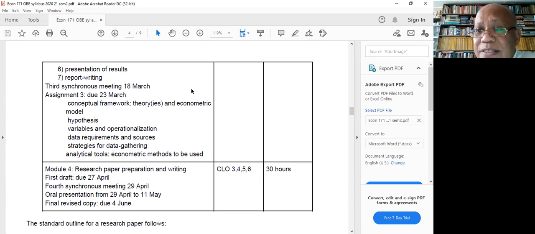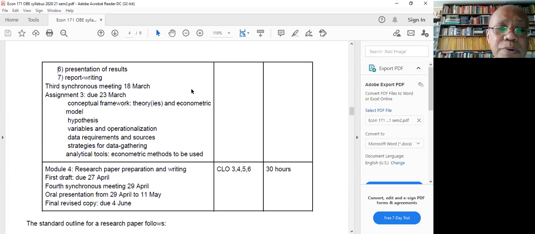The one who won the best thesis last year was the thesis of Ms. Paula Birong, and they were able to obtain 3,000 data observations. It's quite possible right now to do that. Okay, and then when you have your analytical tools, that's where you discuss whether you use panel data regression, two-stage least squares, three-stage least squares.